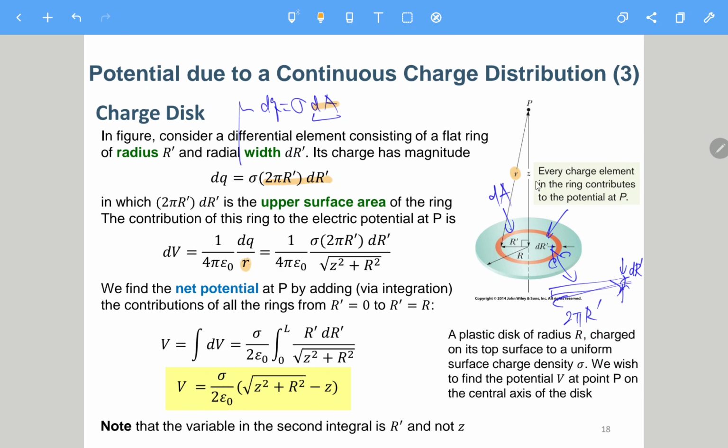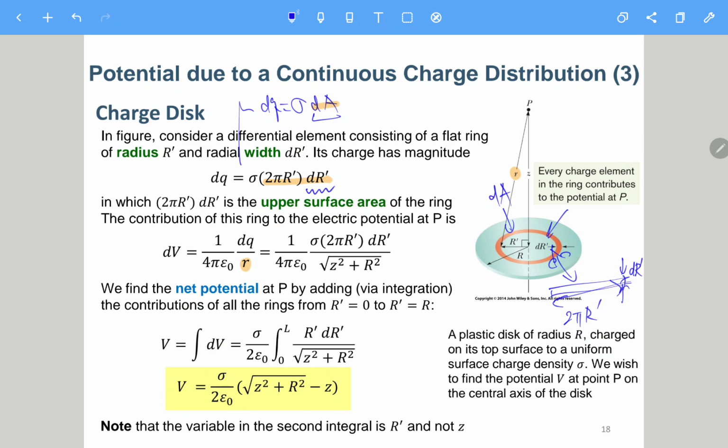It means the distance from the ring to the desired point P. Here we can only find V along the z-axis. The z-axis is perpendicular to the disk and goes through the center point. So every point on this ring is at distance small r from point P. But we cannot regard it as a known variable because we have dr prime here.